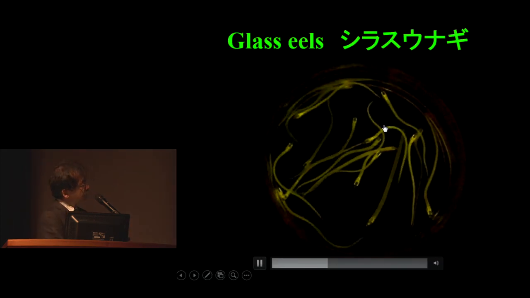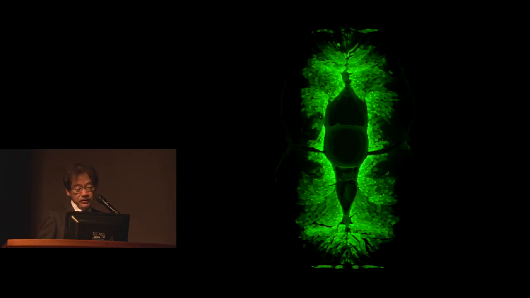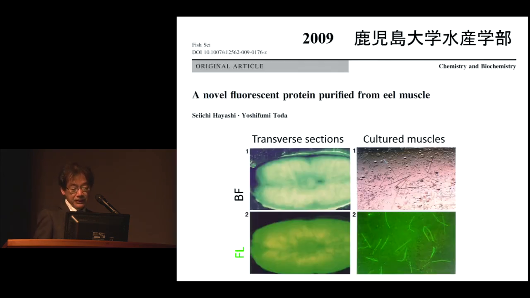In a transverse section of a fluorescent glass eel, we observed very strong green fluorescence in the deep muscle layer. And in 2009, Dr. Hayashi at Kagoshima University reported the existence of a fluorescent protein in eel muscle.